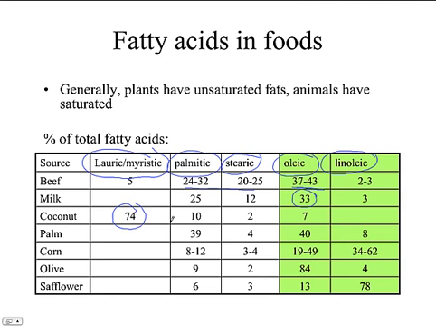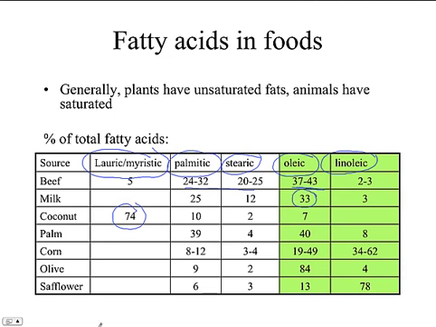Palm oil, which has gained a lot of notoriety lately, is found in fairly high concentrations in Girl Scout cookies, for example. The bulk of the fat there comes from two sources, palmitic acid and oleic acid. So it does contain a monounsaturated fatty acid, but it also contains a fairly high concentration of saturated fatty acid.